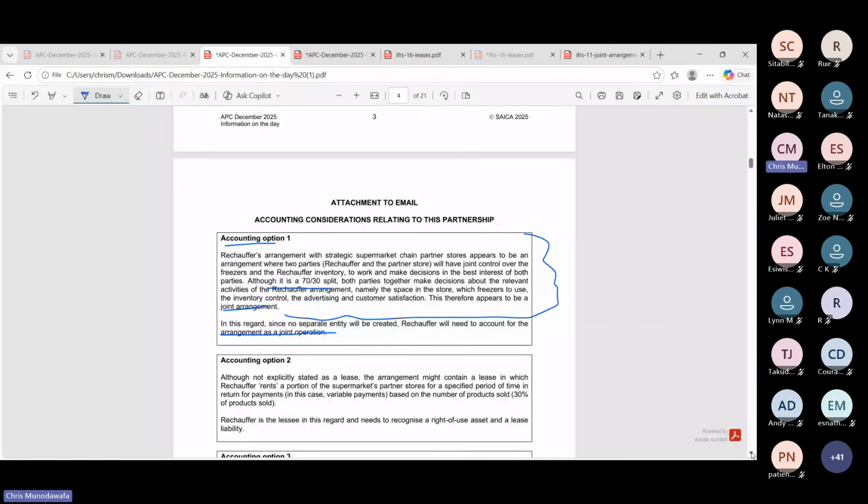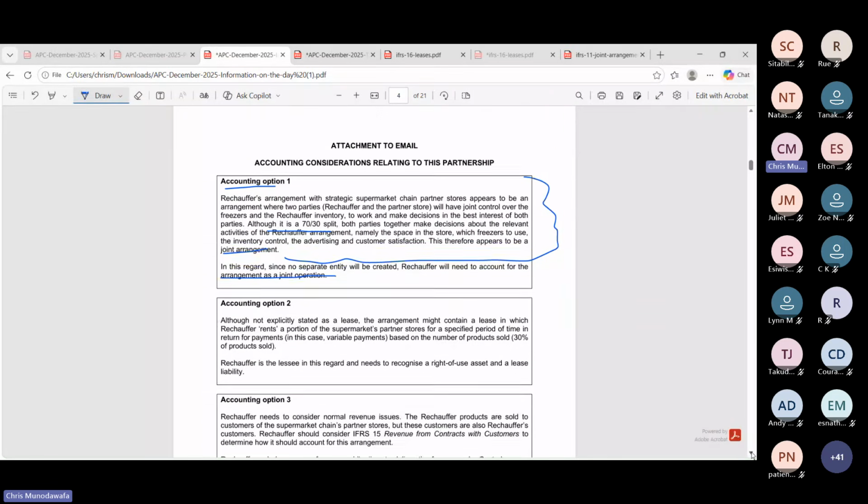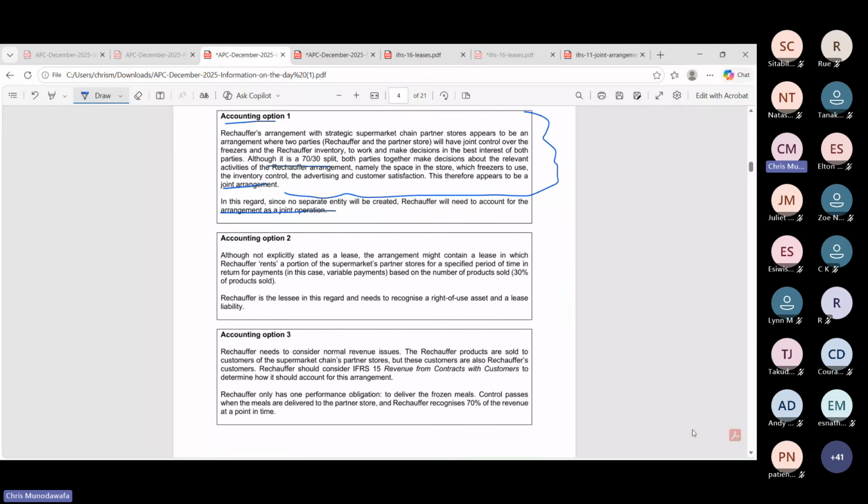Although not explicitly stated as a lease, the arrangement might contain a lease: it rents a portion of the supermarket for a specified period of time, for a return of payments, in this case variable payments. They did not say anything else other than variable payment based on the number of products sold, which is 30% of the products sold. So I would say Richafa is the lessee in this regard and needs to recognize.